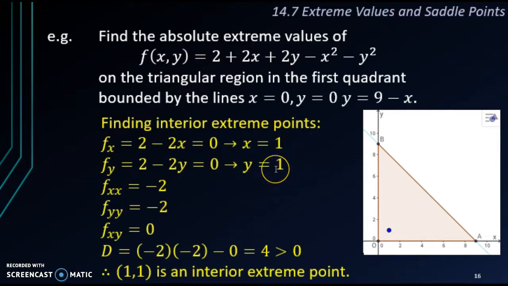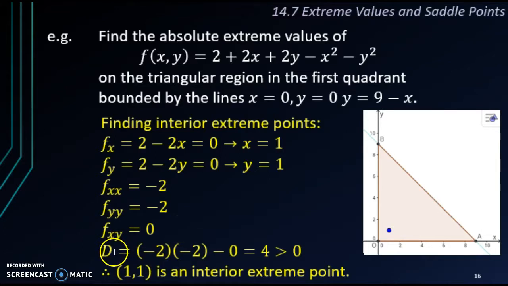Having this critical point, we need to be sure whether the point is a maximum or minimum. Then we do the second derivative test, that is to find fxx, which is negative 2, fyy, which is negative 2 as well, and fxy, which equals 0.